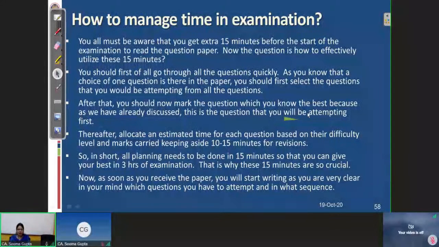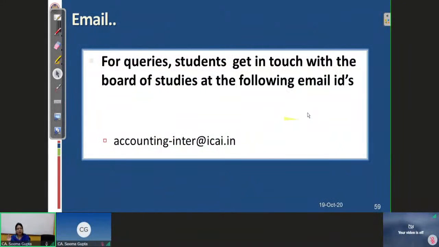And one more thing, many of the students want to ask certain doubts or queries while studying the chapter or while attempting the mock test paper. So I am holding this slide for a while. Please note down this mail ID, accounting-inter@ICAI.in.